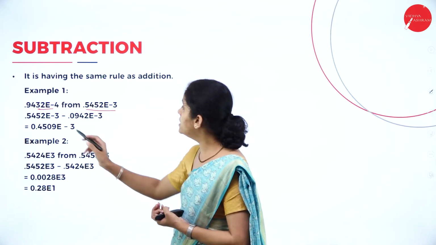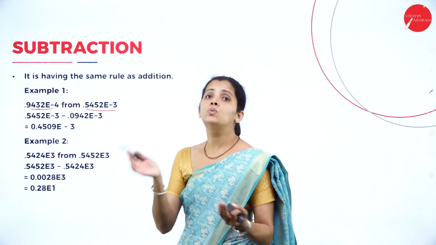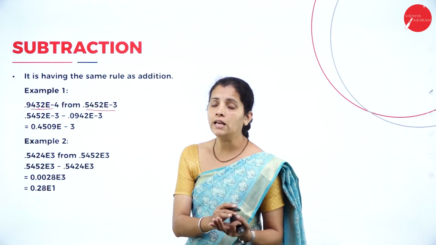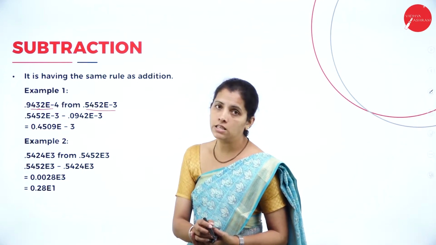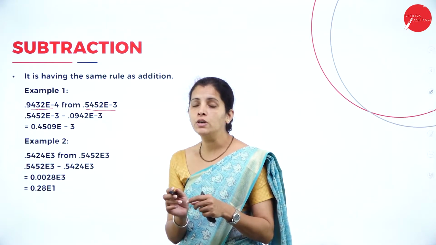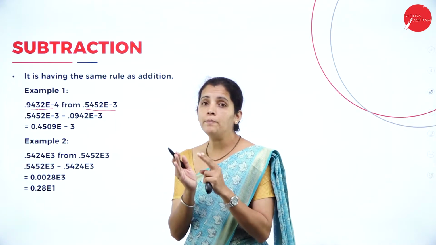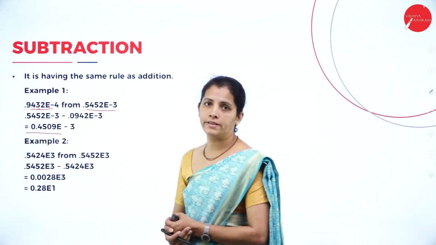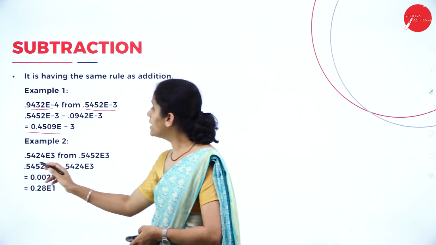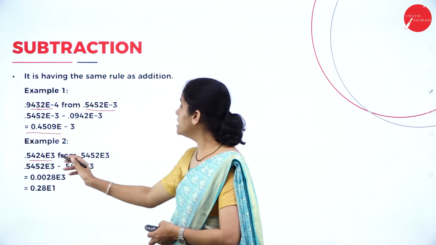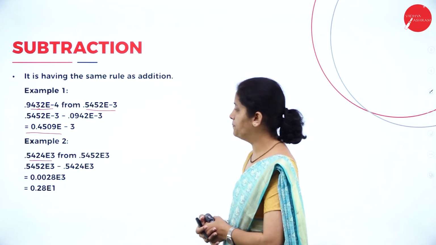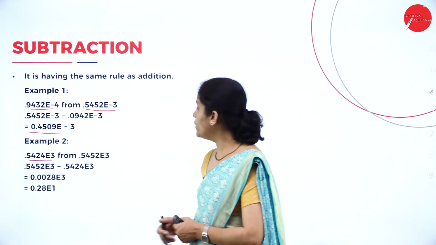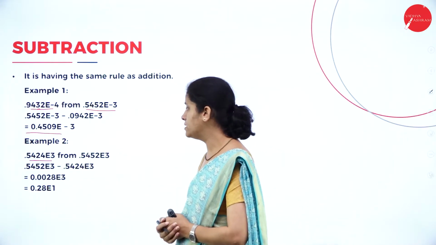When I shift this digit one bit towards left, it will become minus 3. Now, here I have 3 and here also I have 3.